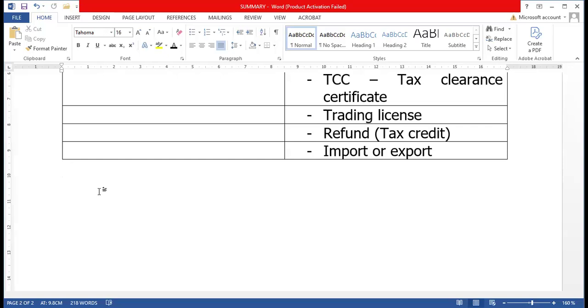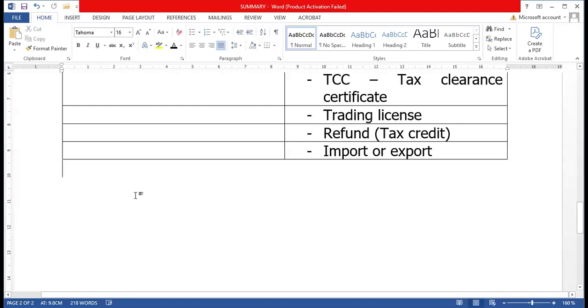If you are an individual, we expect you to have one NIN. So there is no way you're going to have two TINs. You cannot have more than one TIN. If you have, that is illegal. You go to URA and they deactivate one.